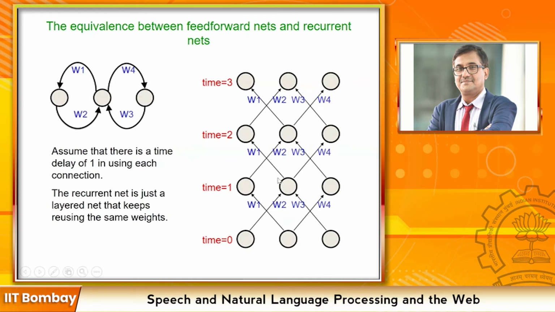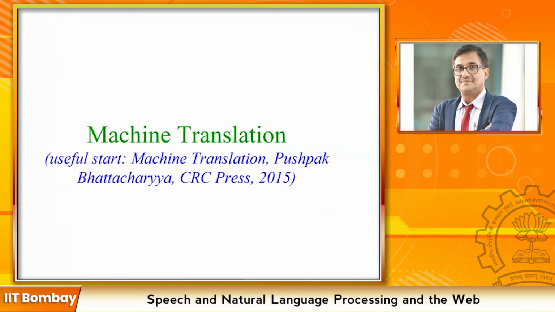So this unfolding is a pretty clever idea, which allows us to convert a recurrent neural network into a feed-forward network conceptually, and then apply all the theory that we learned for the feed-forward network. Just making sure that the equality constraints hold. Now let's proceed.